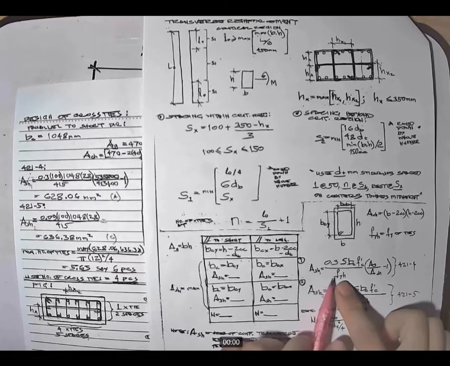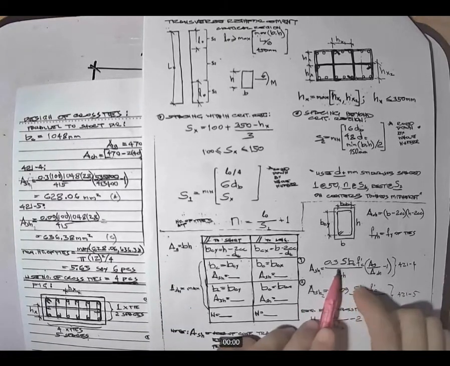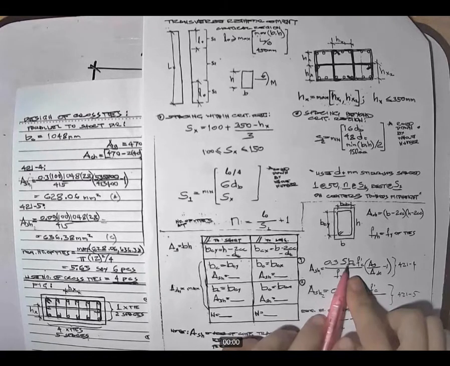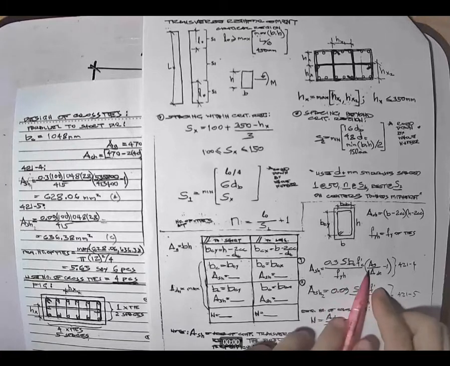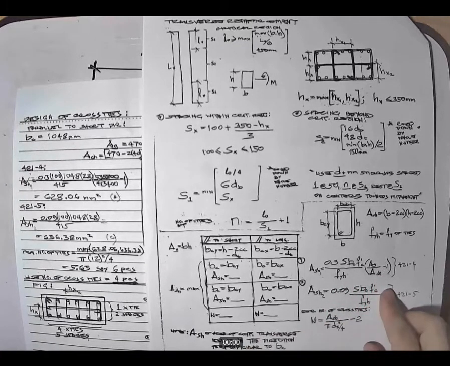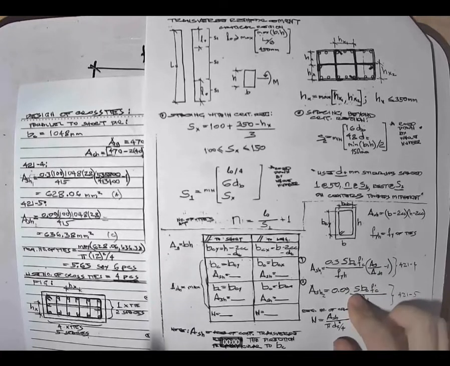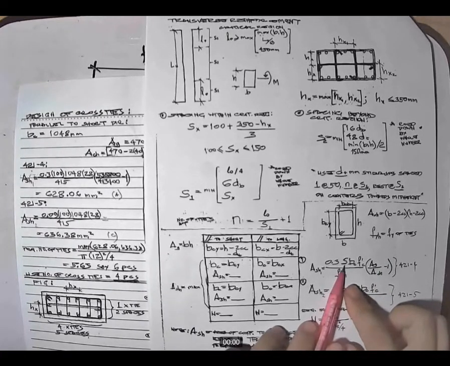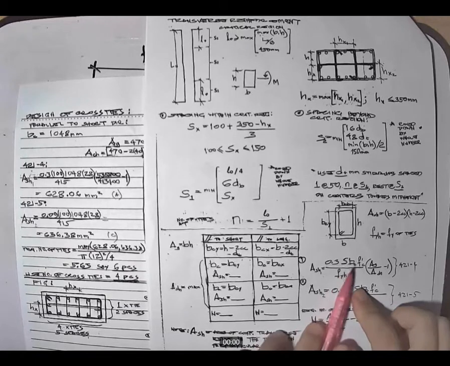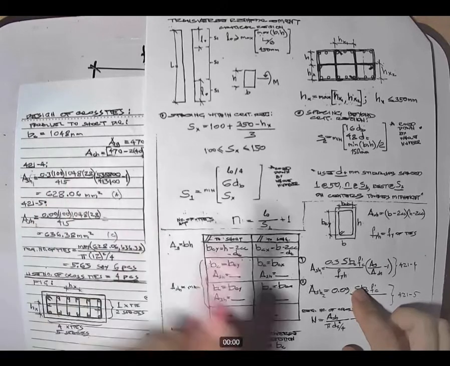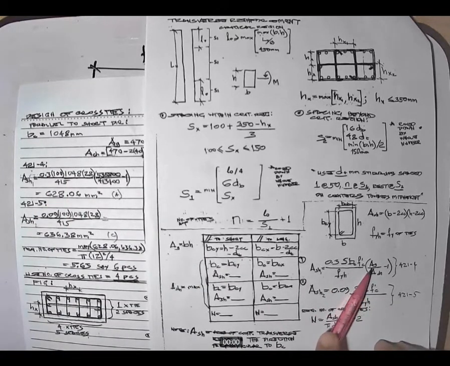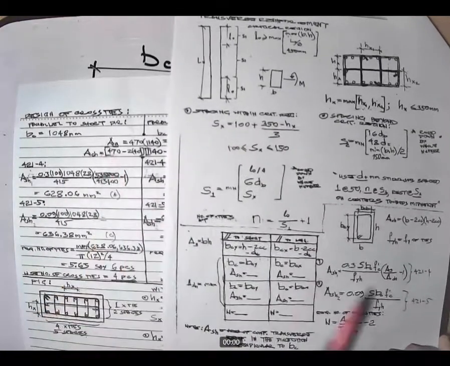It says here ASH1 is 0.3 times capital S. This is the spacing times BC times F prime C all over FYH times the quantity AG minus ACH minus 1. Remember na ang gagamitin nating S, yan yung spacing sa critical region. Tapos yung BC, yan yung na-compute natin dito. And then, area gross, yan yung na-compute na natin.